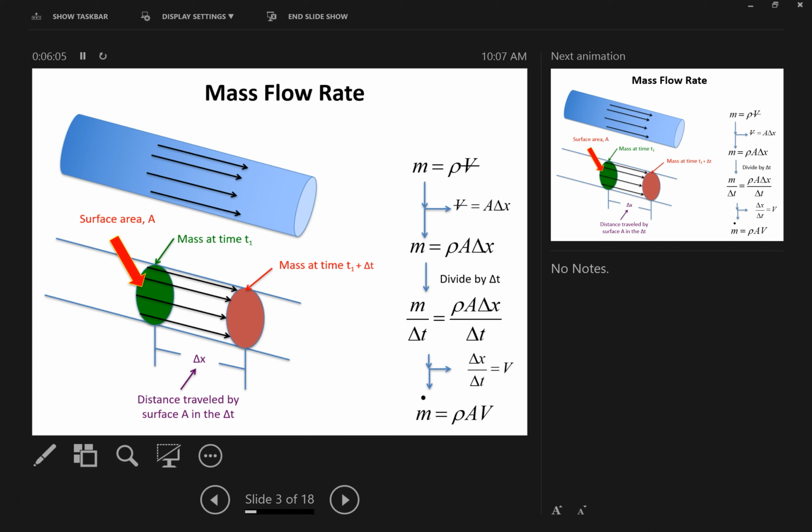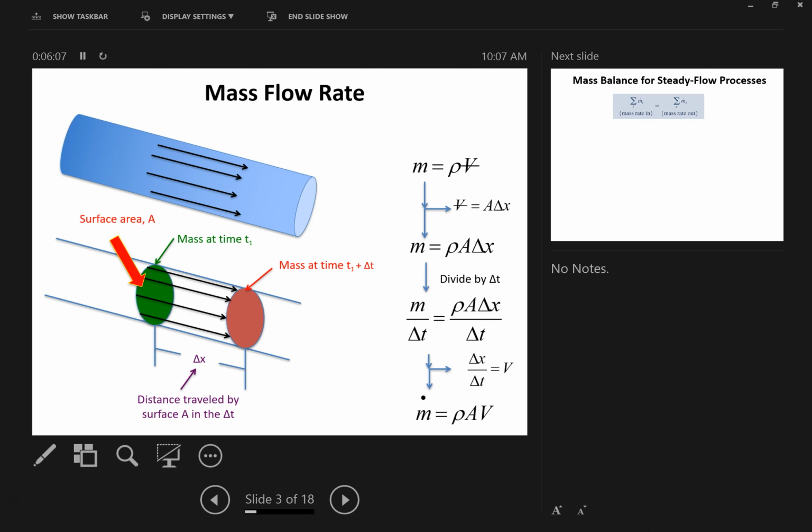Velocity. Do you see how we get rho A V? It's a very crude idea, but it's important to think about this sometimes, because when you're doing a project and want to know where things come from, you can take it one step at a time and go forward.